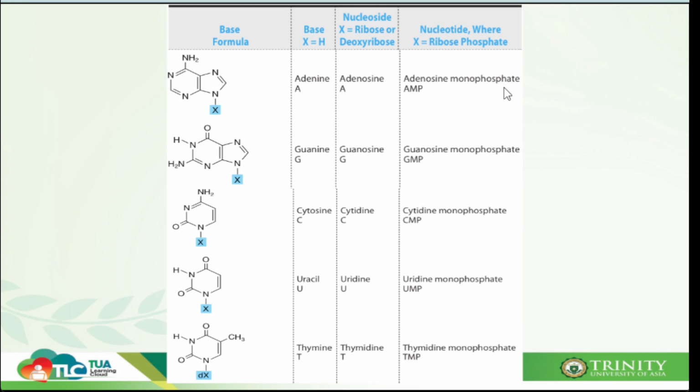If you have two phosphates, it will be called adenosine diphosphate. If you have three phosphates, it will be called adenosine triphosphate. Okay? So, yan yung pangalan nila. Or simply, shortened to AMP, GMP, CMP, UMP, and TMP. Alright?